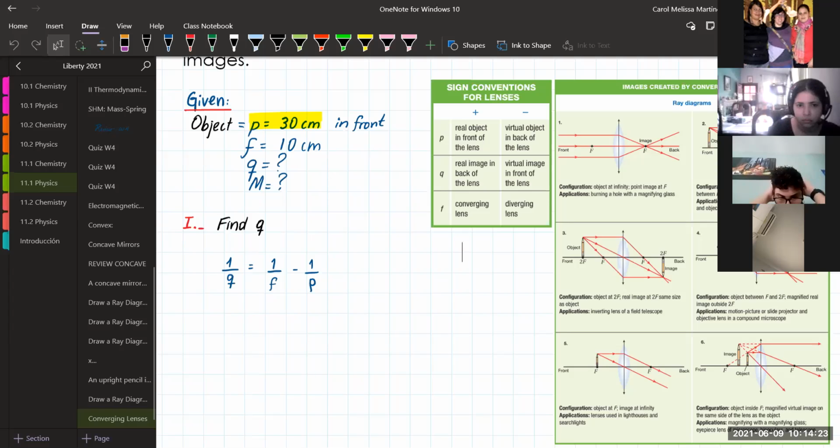So let's apply the formula. And we say 1 over Q is equal to 1 over the focal length, which is 10, minus 1 over the object distance, that is 30. Okay? How much is this?